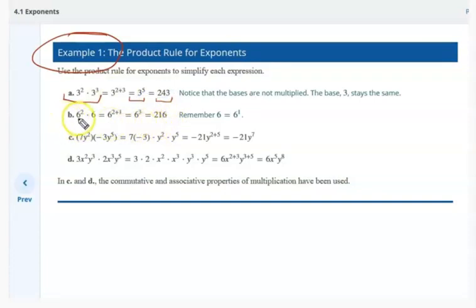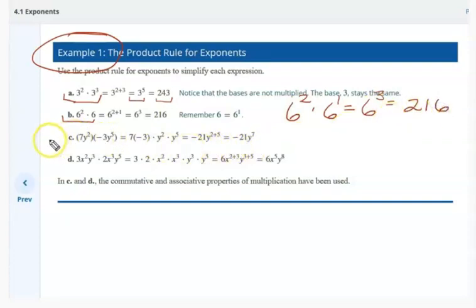Now for B, you'll notice we have 6 to the second times 6. Now there is no exponent initially on this part, but any number or variable has an exponent of 1 that is usually not written. So this would become 6 when you add your exponents to the third, which simplifies to 216.